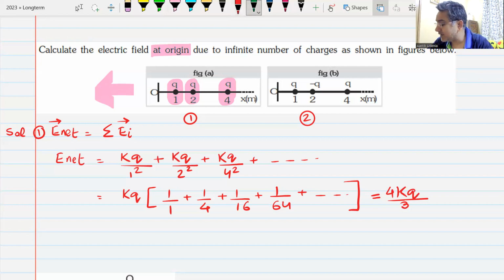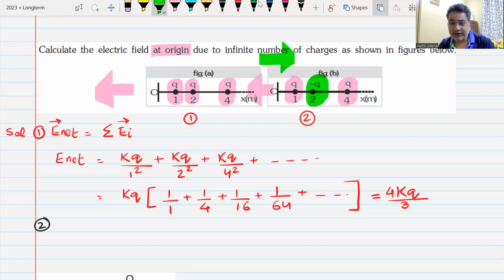Can you now solve the second one? In the second one, because of all the positive charges, which are pink, the electric field at the point O will go away. But because of all the negative charges, which are green, the electric field will come towards it. So if I take one as positive, the other becomes negative.